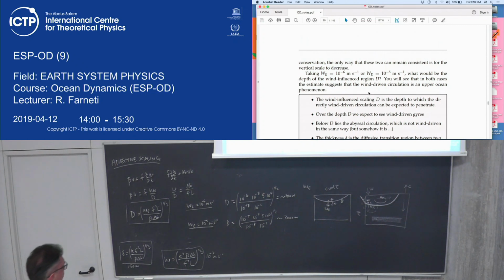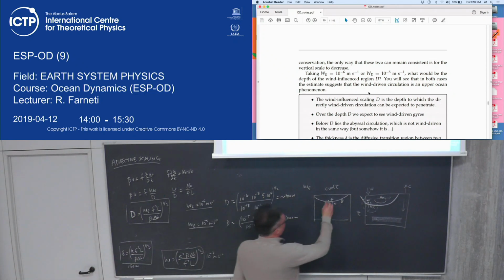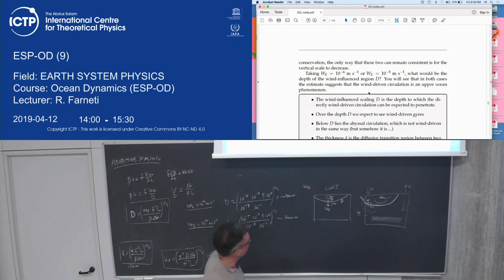But actually, this one is not to be discarded, because actually this is telling us something else. So this is the depth of the thermocline, in the sense that you have a gyre here, okay, which is driven by the curl of the wind stress.